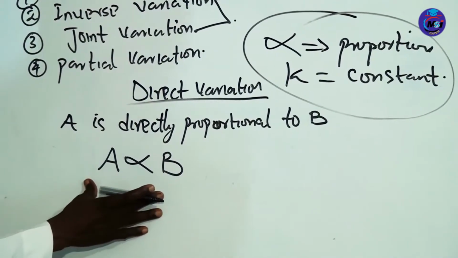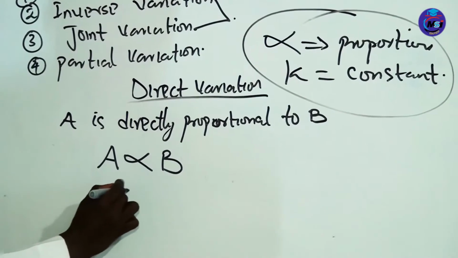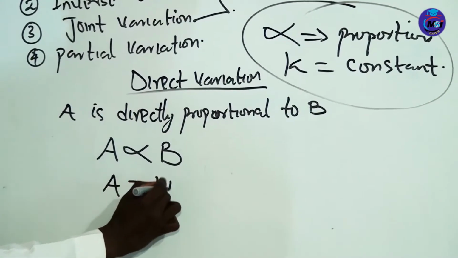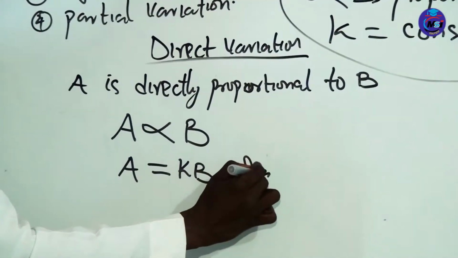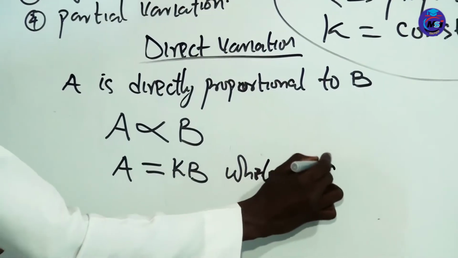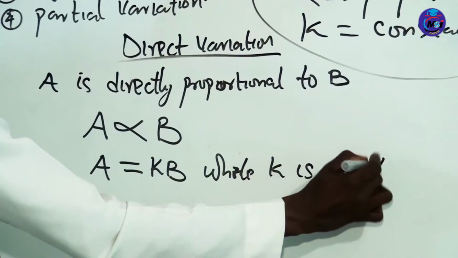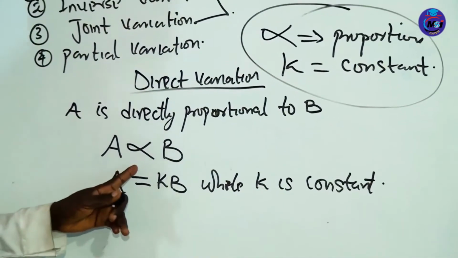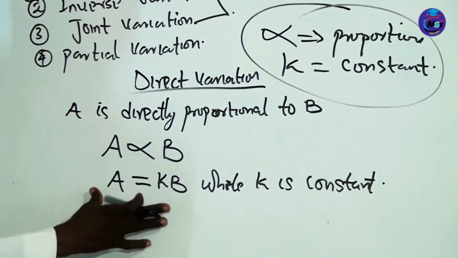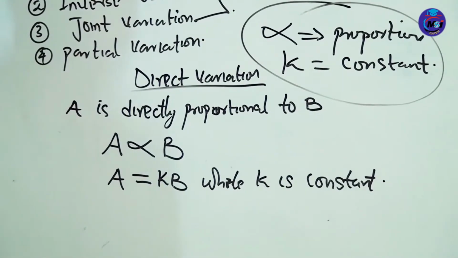Now, we cannot leave it like this. A equals KB, where K is constant. So this is proportional and this is what we call direct proportion.